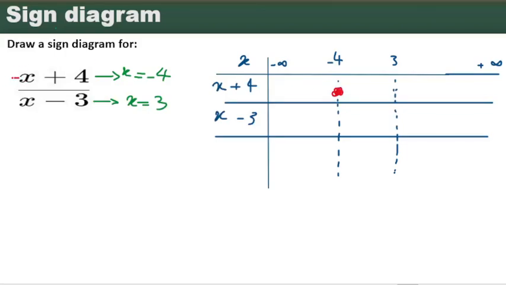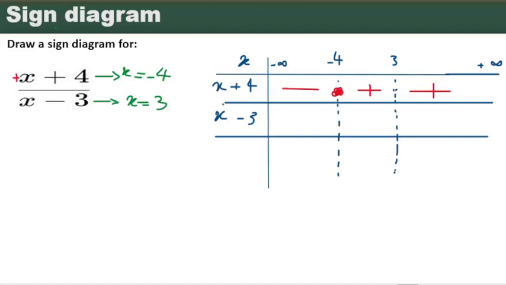The sign of x here is positive, so the opposite sign gives me negative. Between negative 4 and 3, which is larger than negative 4, the sign would be identical with the sign of x, which is positive.